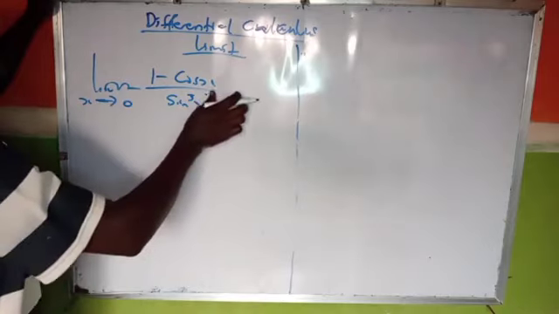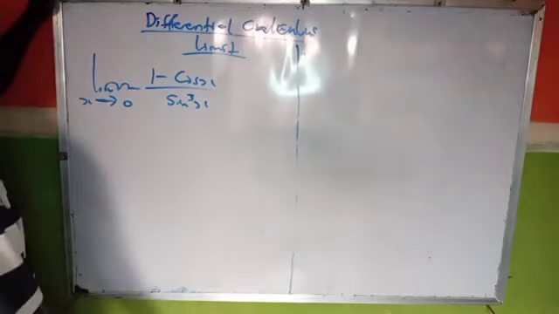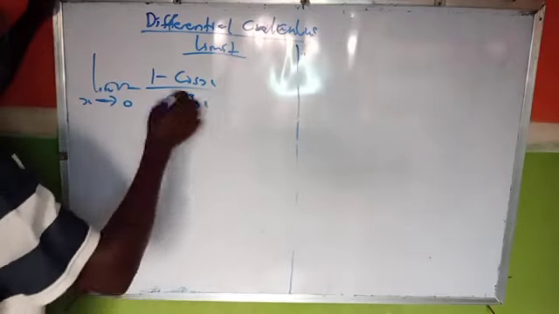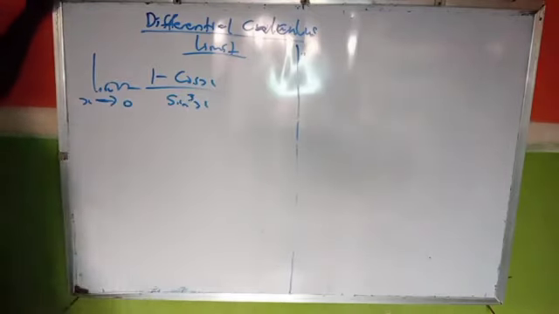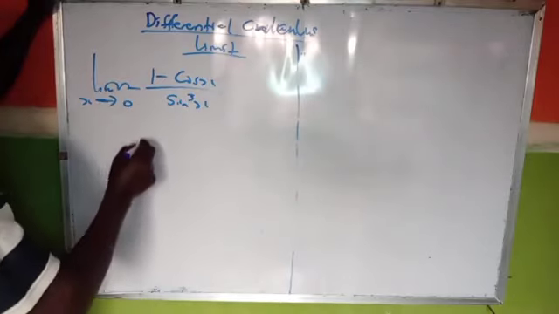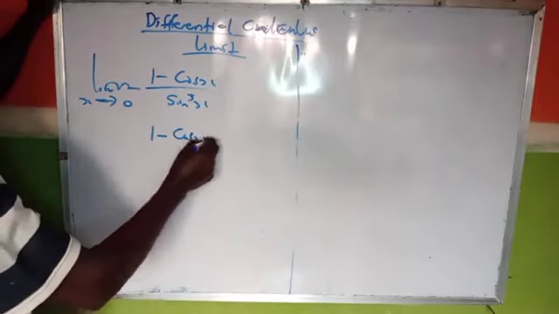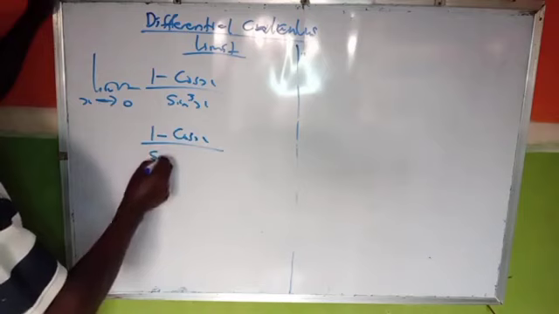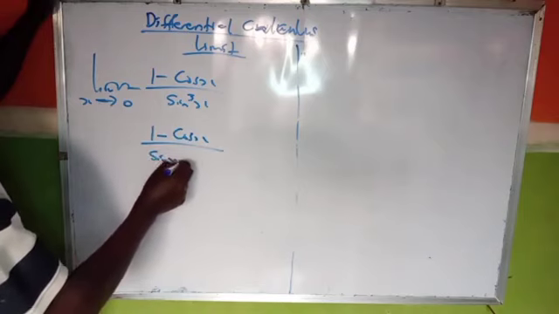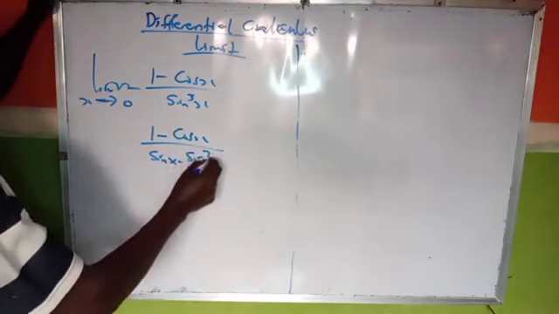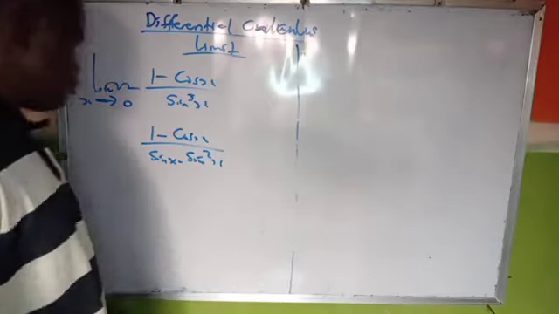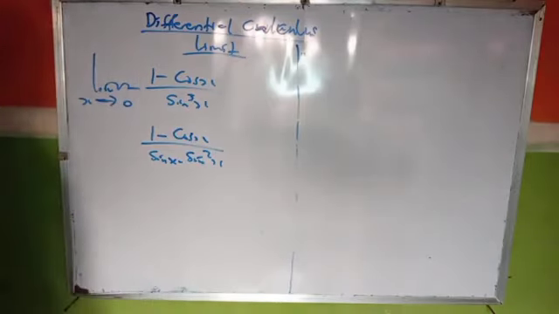Let's have it like this. What do you have here? You have 1 minus cos x over sine x, times sine square x. So this is what we have here.